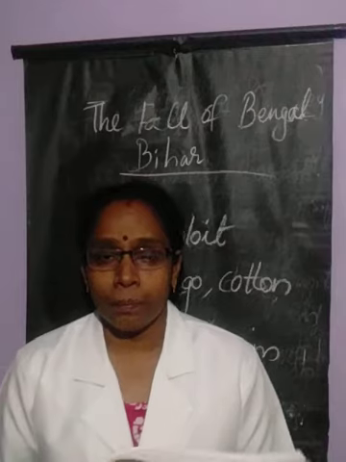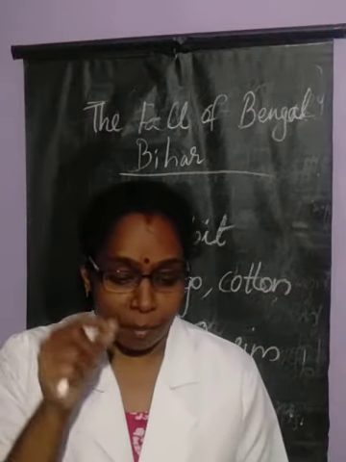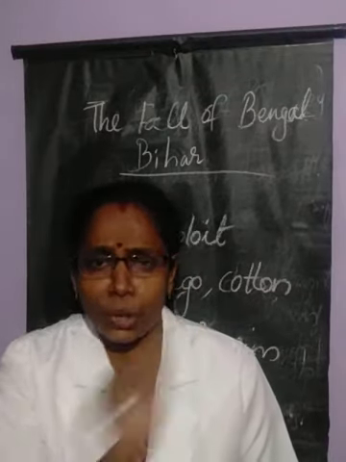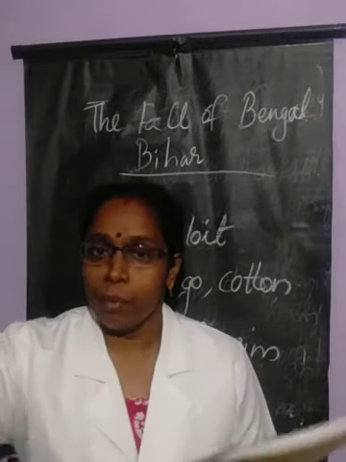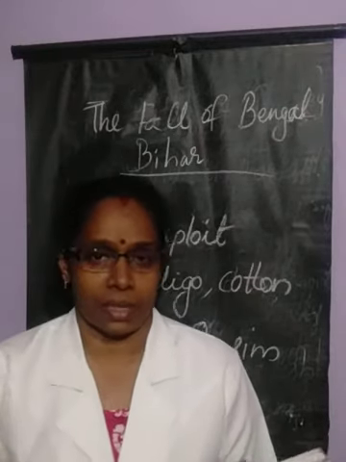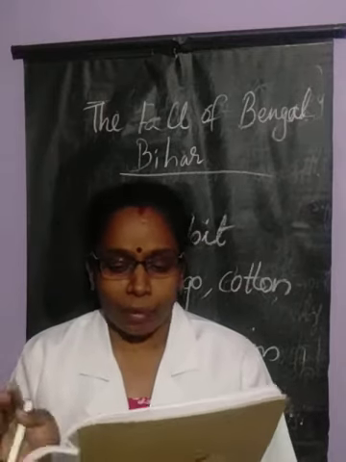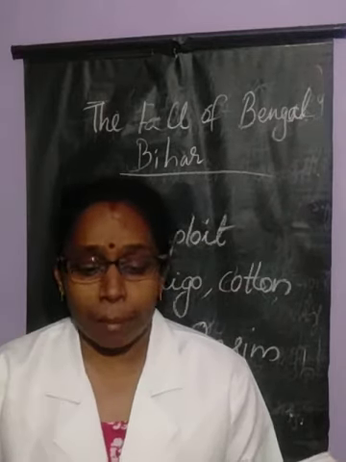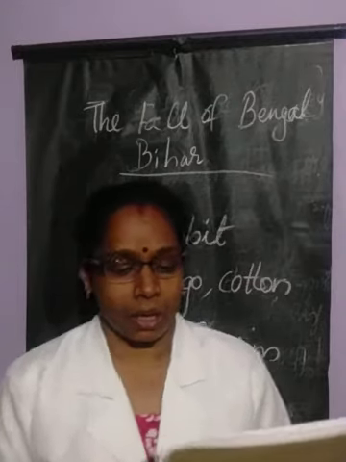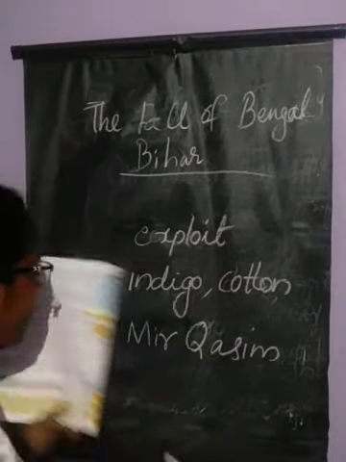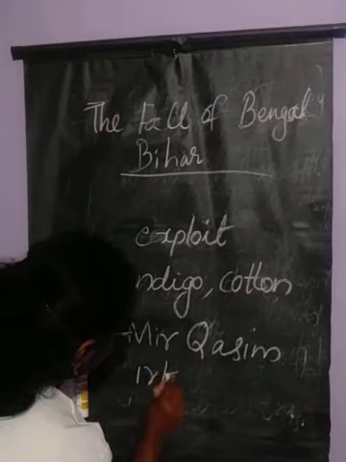Mir Jafar was a puppet ruler, but Mir Qasim was not a puppet ruler. So British people decided to remove Mir Qasim by using military force. Okay, this irked the British. What is the word irked? I-R-K-E-D.